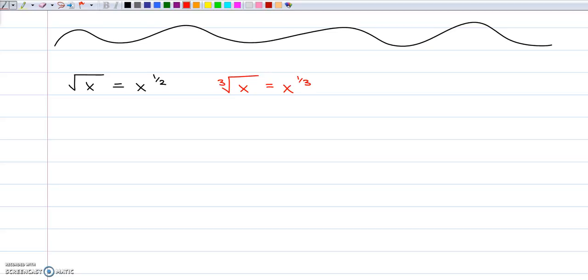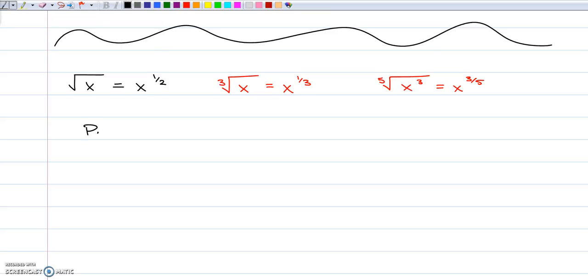I'm going to give you one more example of something really straightforward and easy, and then I'm going to ask you to create a rule from it. If I say the 5th root of x to the 3rd power, it really means x to the 3/5. So there must be a rule for us to follow.